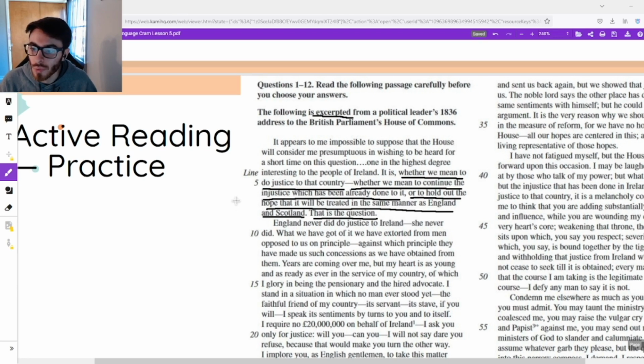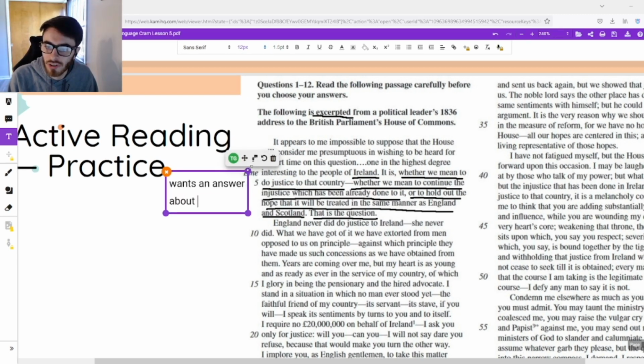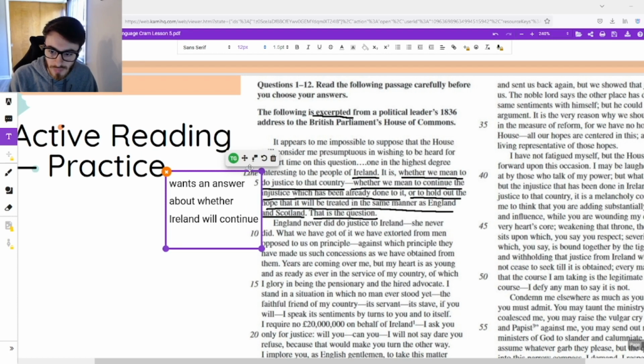We do know what the country is. It says Ireland here. I was going to say we don't know what the country is. They're talking about Ireland, and he wants an answer to the question of whether Ireland will continue to be treated unjustly.